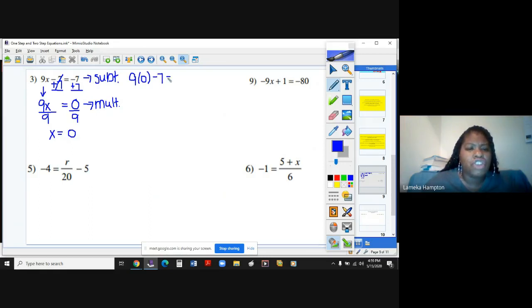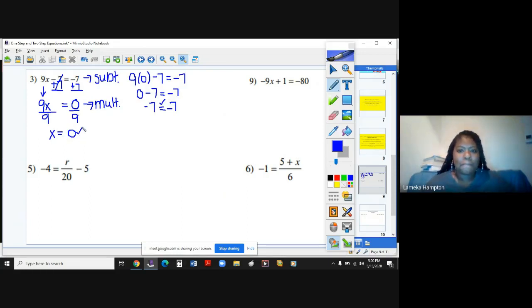And my answer should come out to be negative 7. So I'm just going to solve. I say 9 times 0 is 0. Minus 7, negative 7. And when I finish this problem, negative 7 does check out. So because negative 7 equals negative 7, that means this is my answer.